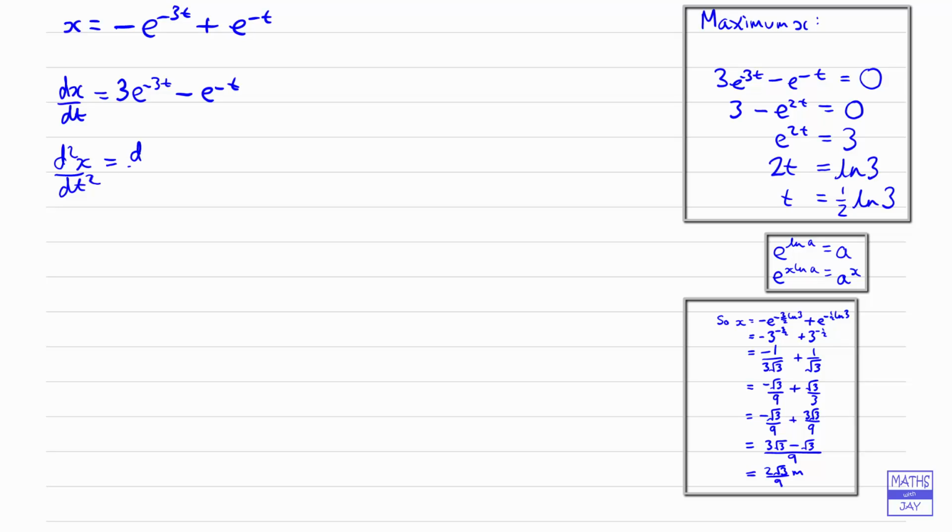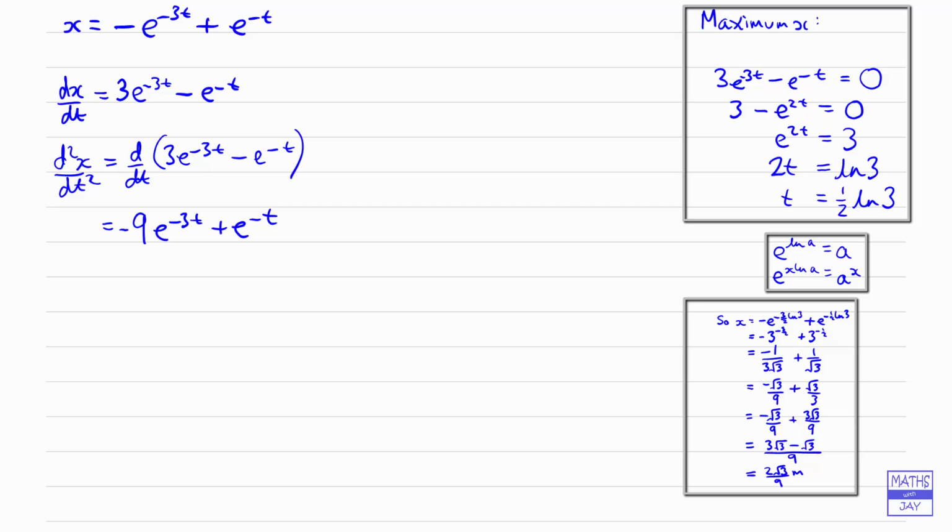So let's just make it really obvious what we're doing. So we're differentiating this again. So that's going to be minus 3 times 3, so minus 9 e to the minus 3t. And then we've got plus e to the minus t.